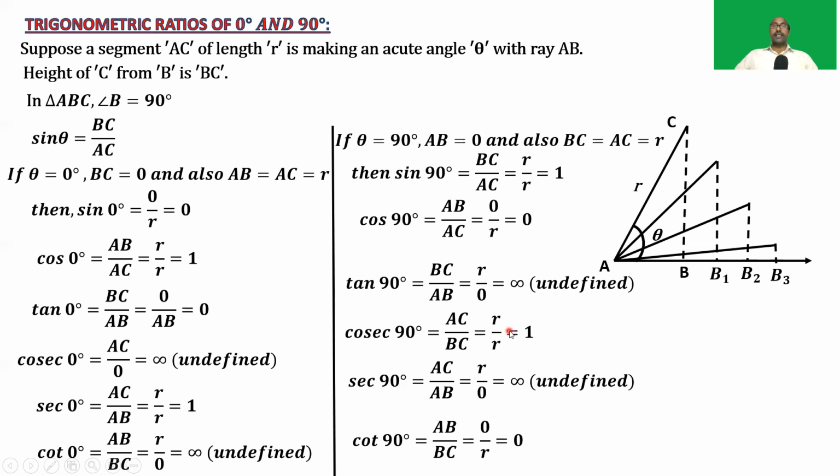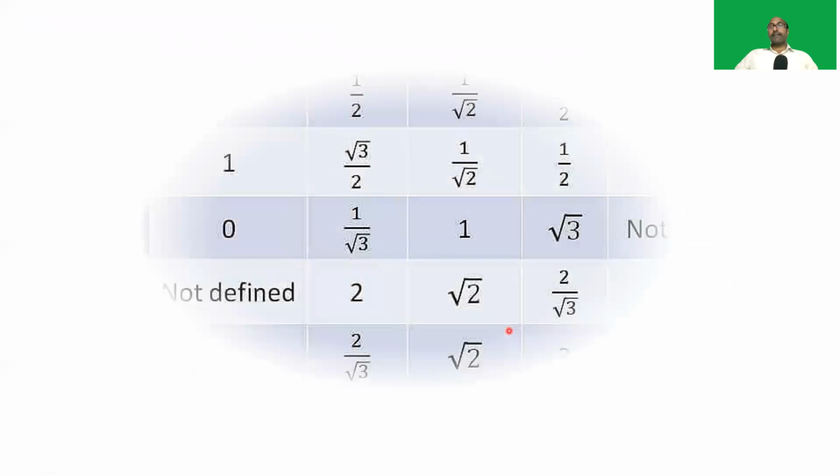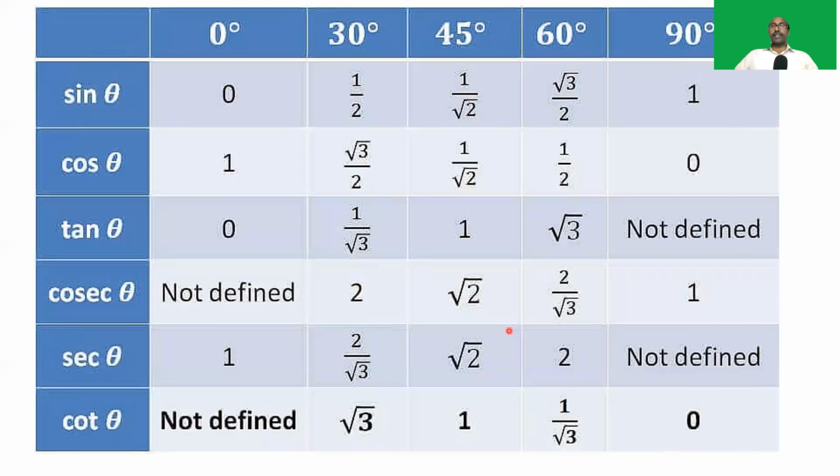Okay, students. So in this way, we can find the trigonometric ratios for different specific angles. The table represents an abstract of all the trigonometric ratios that we have found here.